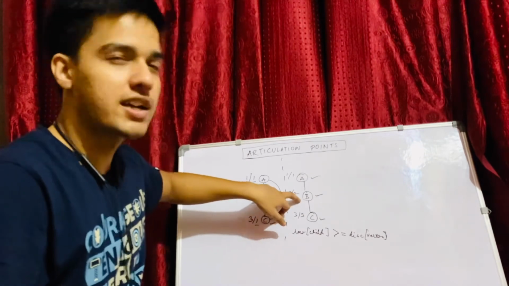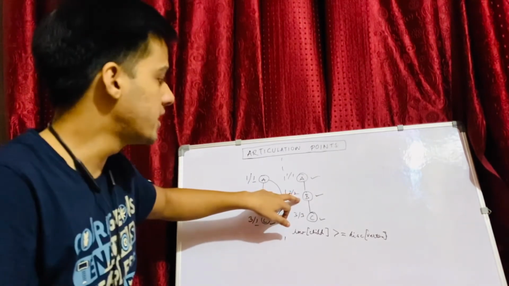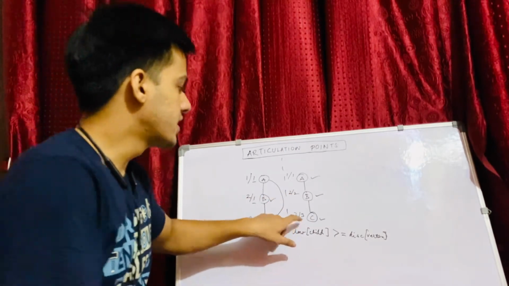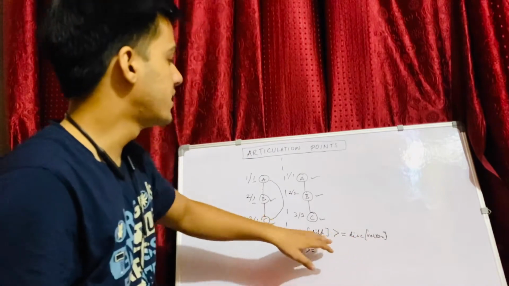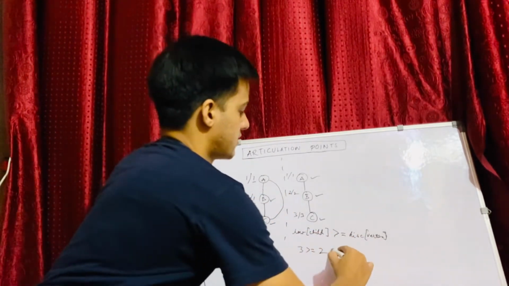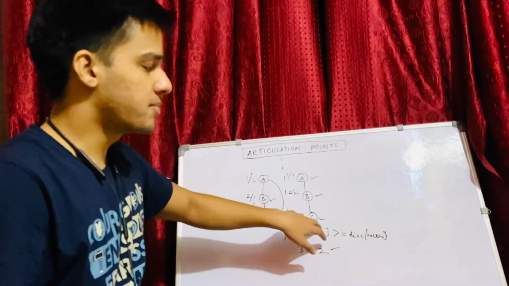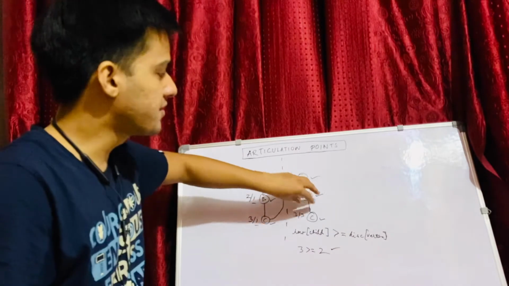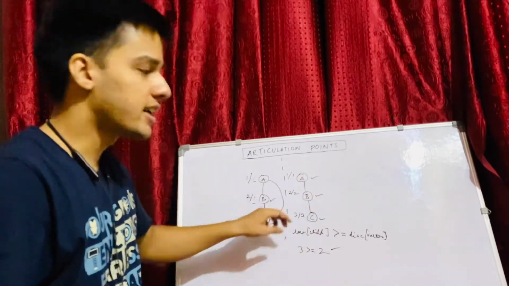If I want to check whether vertex B is an articulation point, the low of child is 3, and it should be greater than or equal to the discovery time of the vertex, which is 2. This is correct, which means there is no path or back edge from this particular child, which clearly means that if I remove this, there won't be any other path, so this graph will get disconnected.